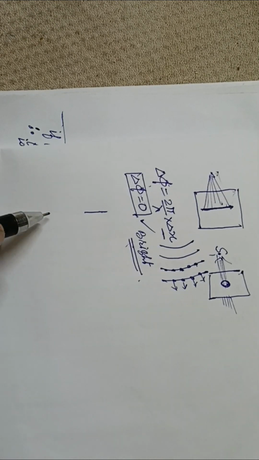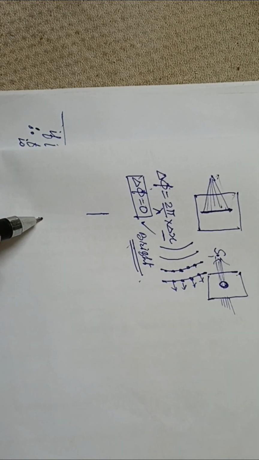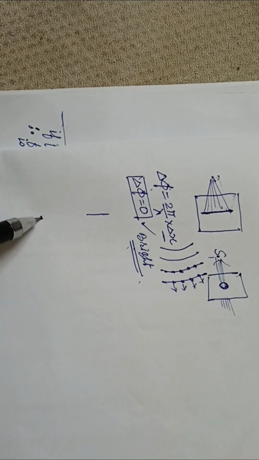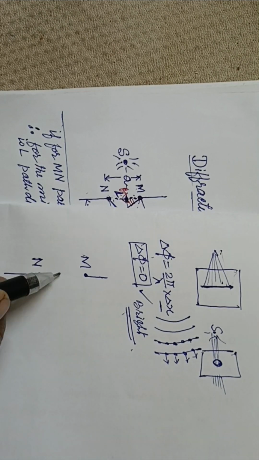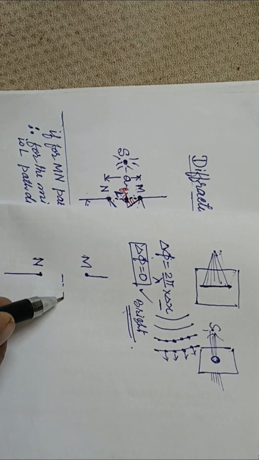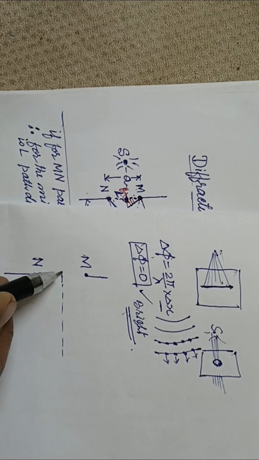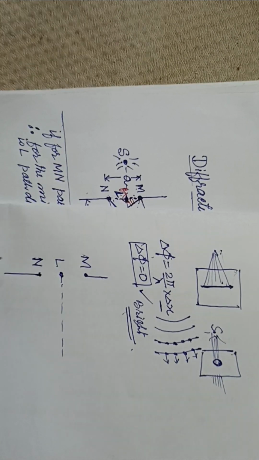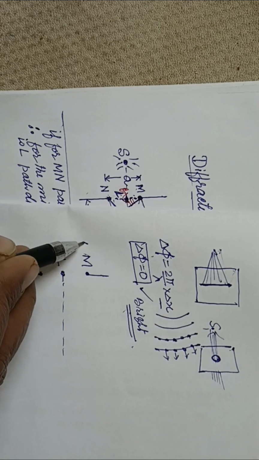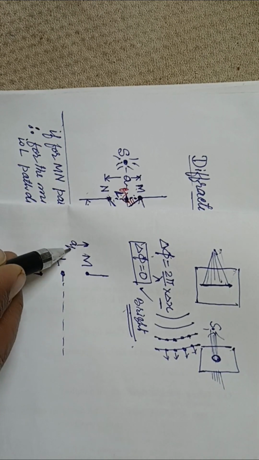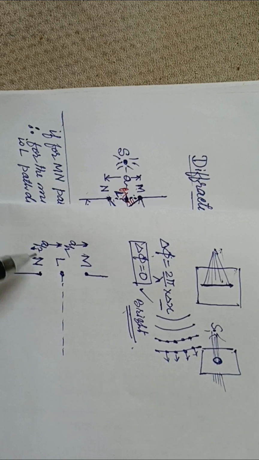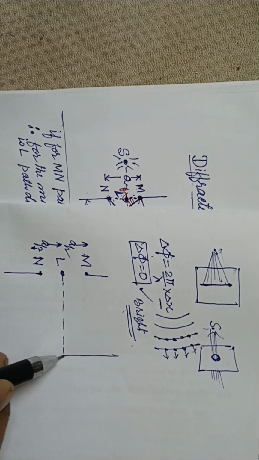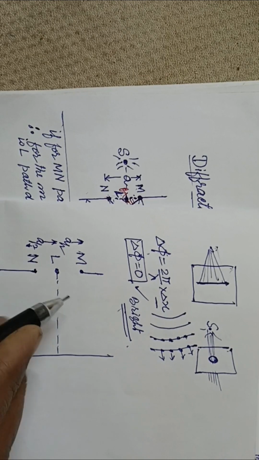On the big screen you see, suppose here is the slit, this is M and this is N, and this is the midpoint, which I have written as L. So it is half of this, meaning a by 2, and this is a by 2, half of the slit.